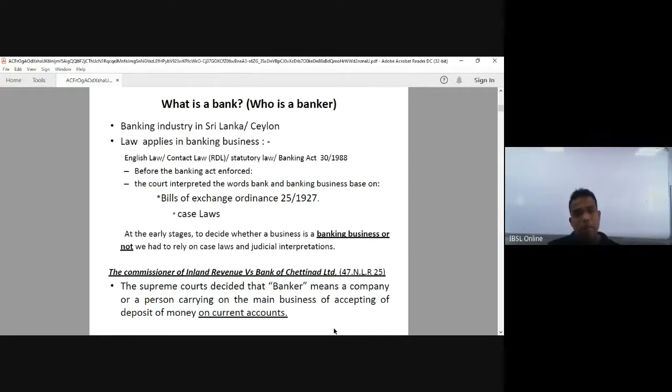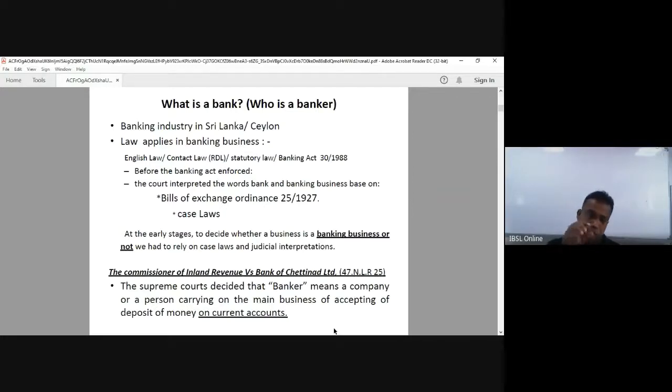Why? Because the banking industry was introduced by the British and was governed by English law. So when we didn't have any provision in Sri Lankan law, we had to look into the provisions of British law.